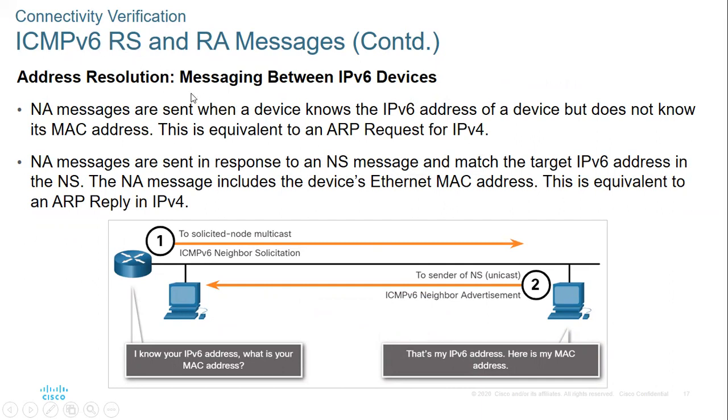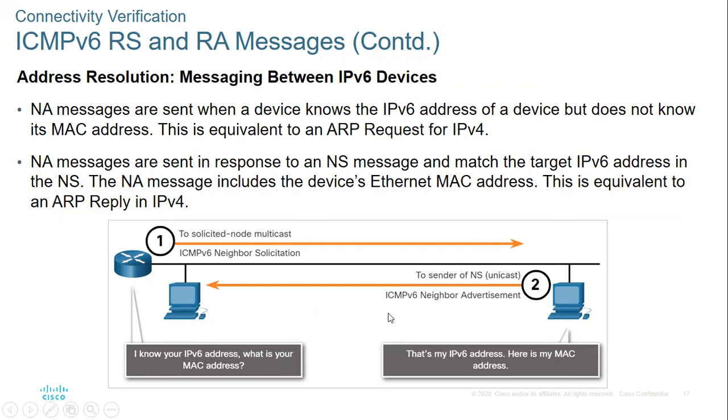Then also address resolution. We have address resolution messages between IPv6 devices. The NA messages are sent when a device knows the IP address of a device but does not know its MAC address. This is equivalent to what is known as ARP. In a local area network, devices use MAC addresses.